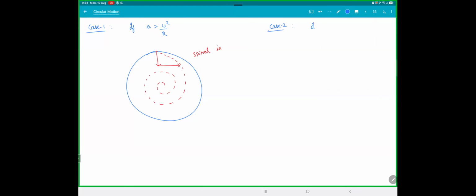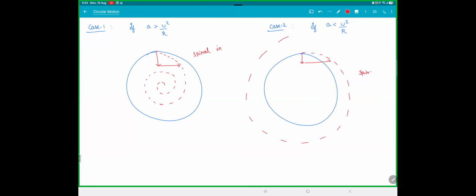Case 2, if you give acceleration less than u square by r, you will fall less, but you will go outside more. You will spiral out. So if you want to go in a circle, you need to give that exact u square by r.